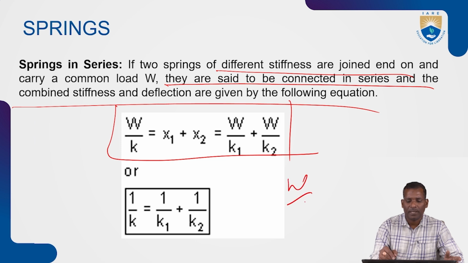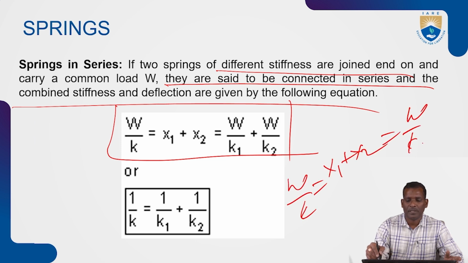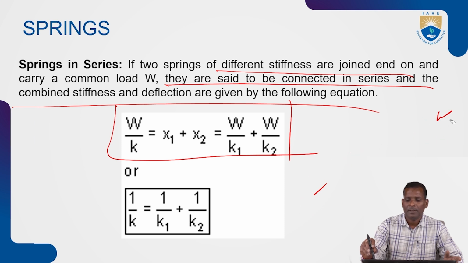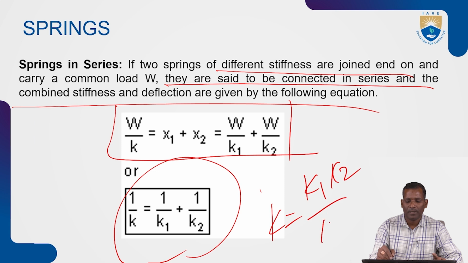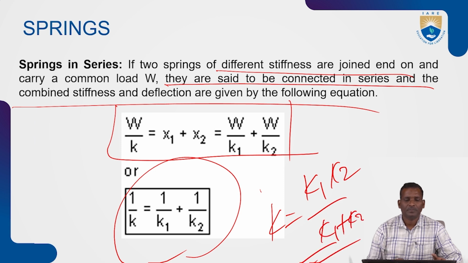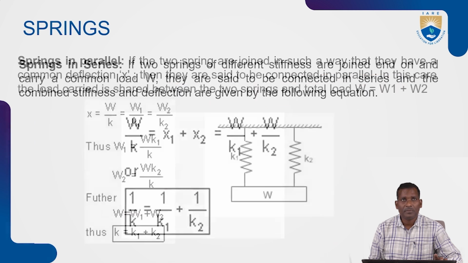So W by K is equal to X1 plus X2, which is W by K1 plus W by K2. Or 1 by K is equal to 1 by K1 plus 1 by K2. So you can simplify K is equal to K1 K2 by K1 plus K2, whenever the springs are connected in series.